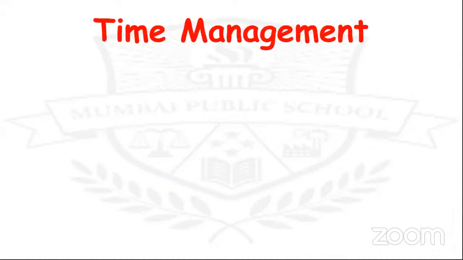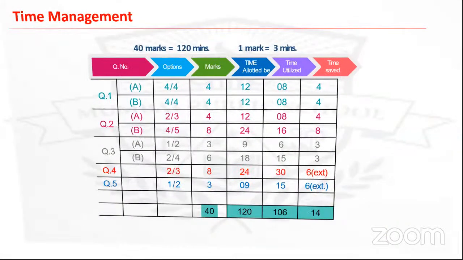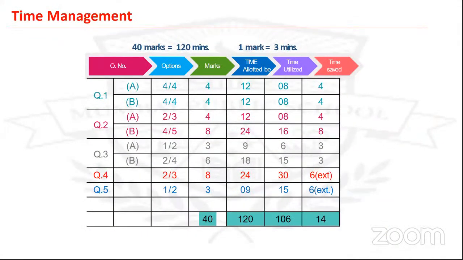Now, time management, the most important thing which I was talking about. Now, how to manage your time. Very important. Check here, you have got 40 marks. Understand, this is a very important calculation. You've got 40 marks for 2 hours. 2 hours means 120 minutes.